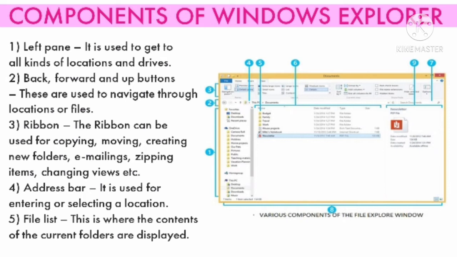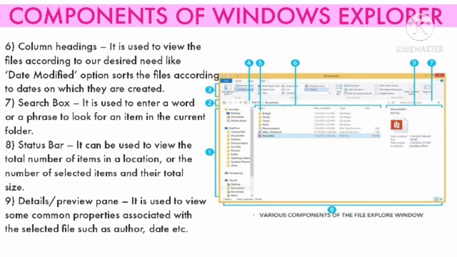Ribbon: the ribbon can be used for copying, moving, creating new folders, emailing, zipping items, changing views, etc. Address bar: it is used for entering or selecting a location. File list: this is where the contents of the current folder are displayed.